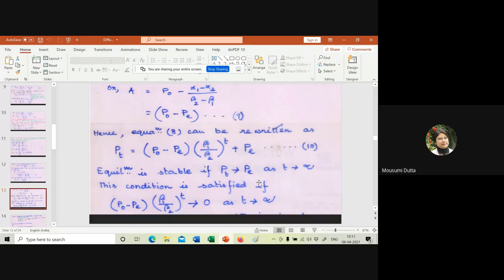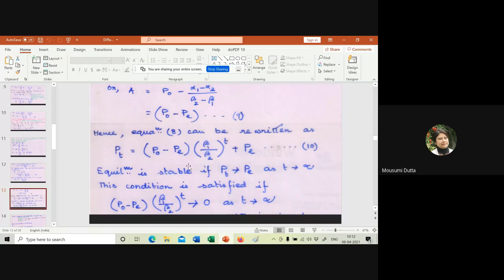Now, from our previous experience of first order difference equations, we know that P naught minus Pe is a constant. It is just like the a in a b to the power t. And this is nothing but the difference between the initial price and the equilibrium price.